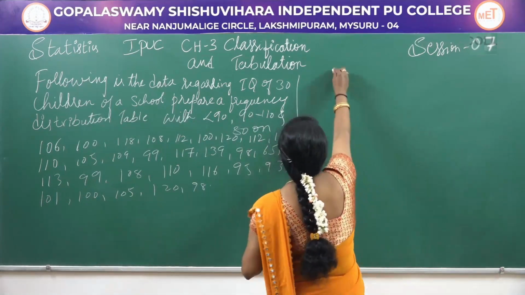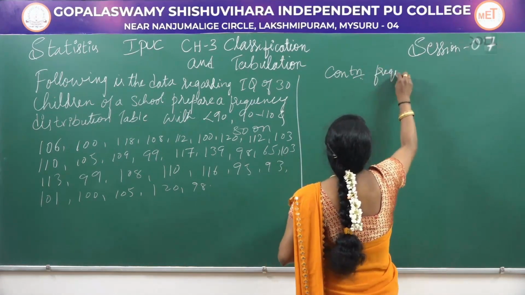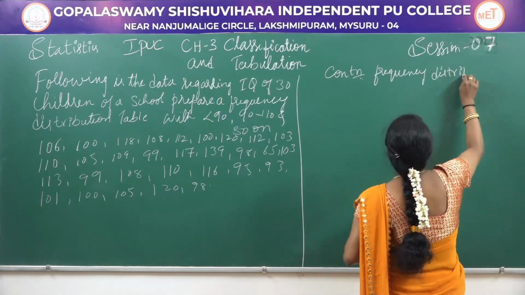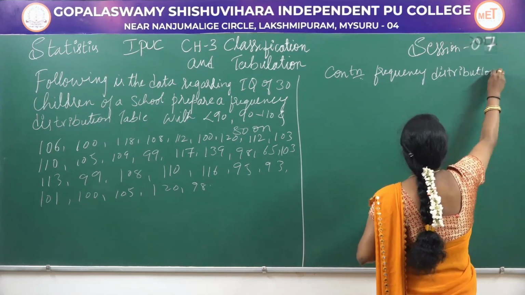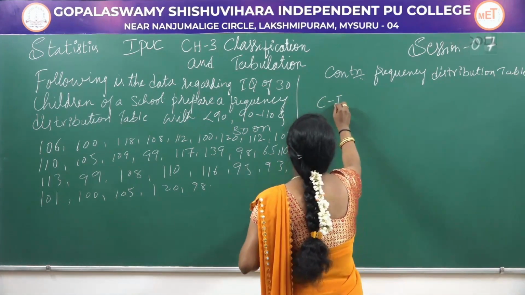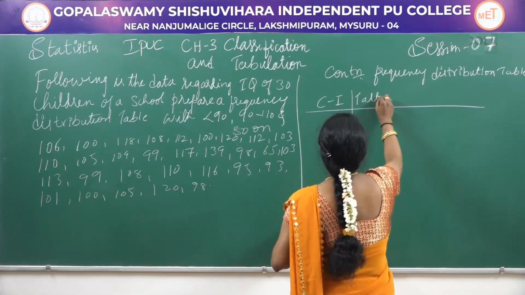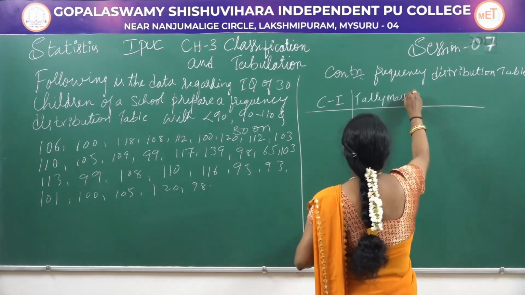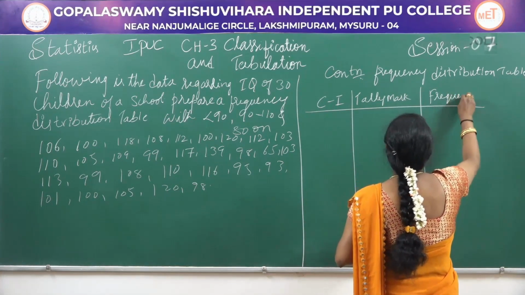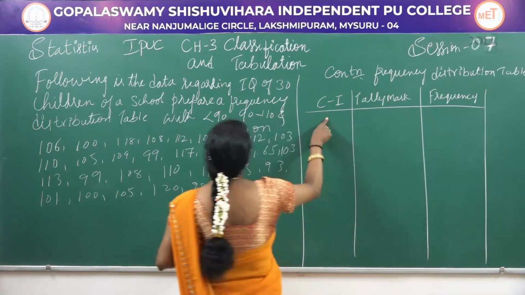So, the continuous frequency distribution table has three columns: class interval, tally mark, and frequency.